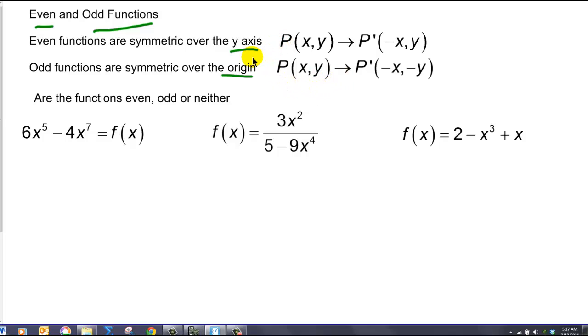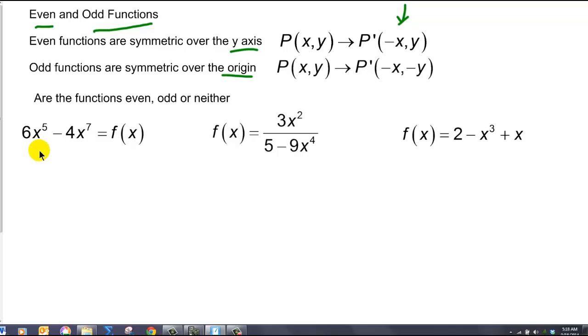So we know that if we have y-axis symmetry, then we have the opposite of x and y, and if we have origin symmetry, we have the opposite of x and the opposite of y. So in order to test these, we just plug these points into our function and see if we get back our original. Right? And in each of these, we want to test if it's even, odd, or neither.